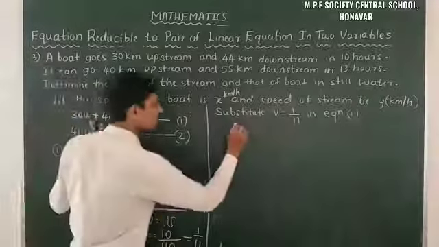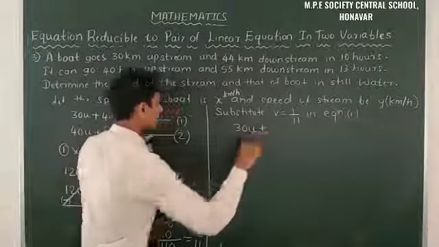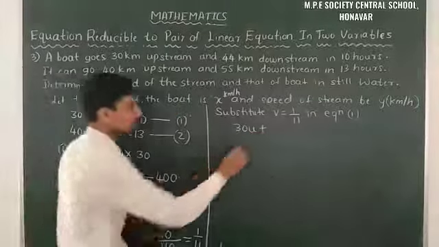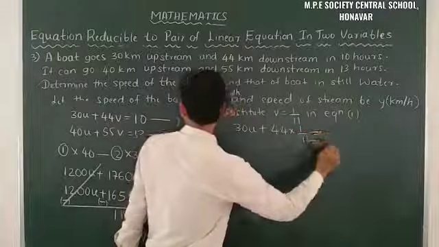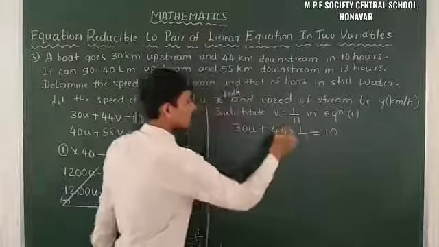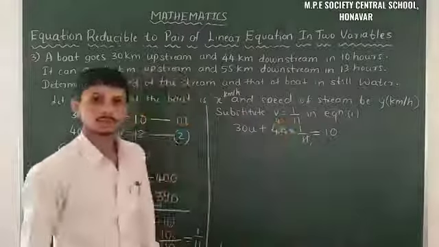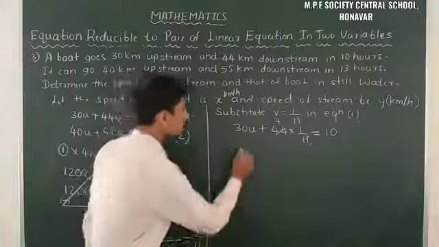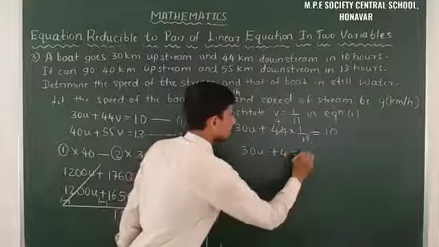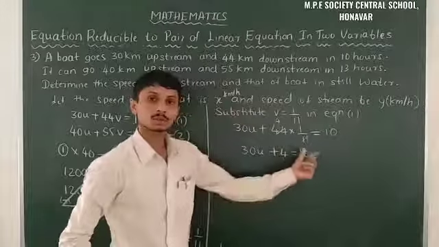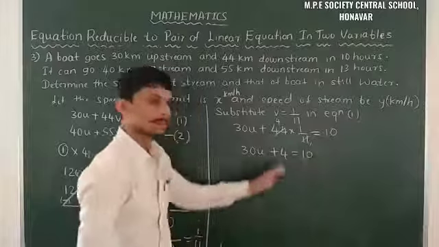So that is 30u plus 44v, 44 into 1 by 11, is equal to 10. So 11 into 4. Then 30u plus 4 is equal to 10. Here I will transpose this 4 to the other side, and it becomes minus.